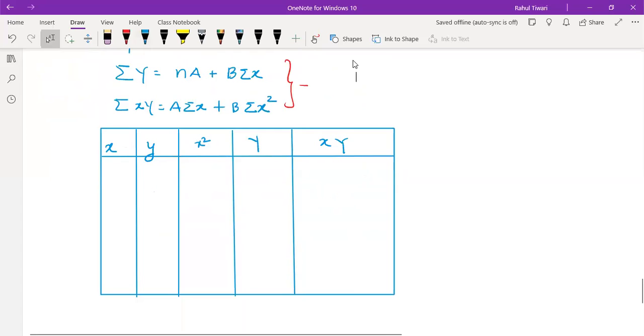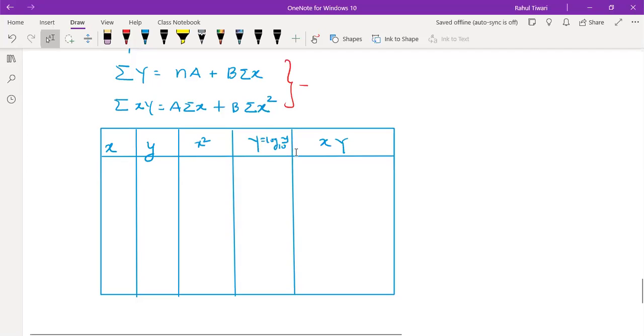Just check whether you are getting this equation or not. Make sure that this y is log base 10, log base 10 of small y. Don't take ln, because here the majority of students make mistakes. We should always take log base 10.